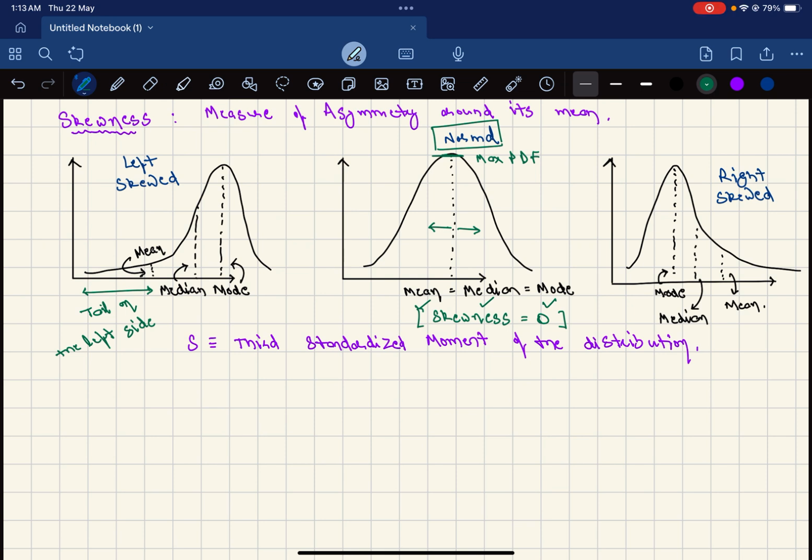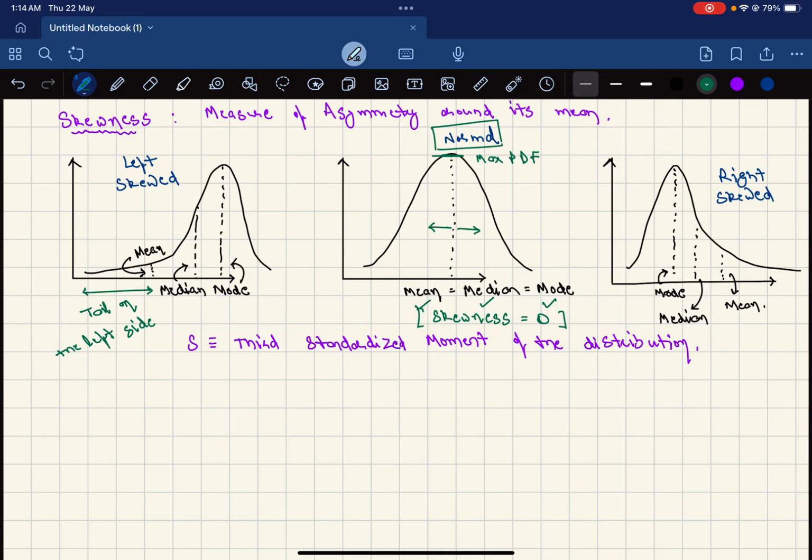So to model anything, for example, the returns of a particular market index, we normally should use a left skewed kind of distribution to denote that there is always a good chance of a higher loss than expected from a normal distribution. So in financial applications, we should normally stick with the left skewed distribution to explain the returns of a market index to give the riskiness of that particular investment. So this is about right and left skewed distributions.